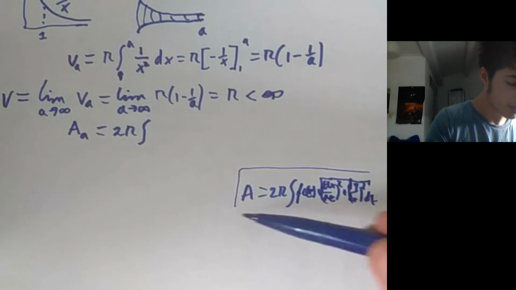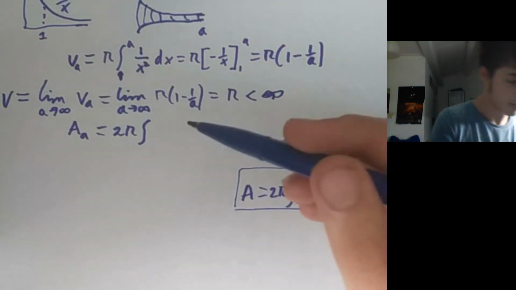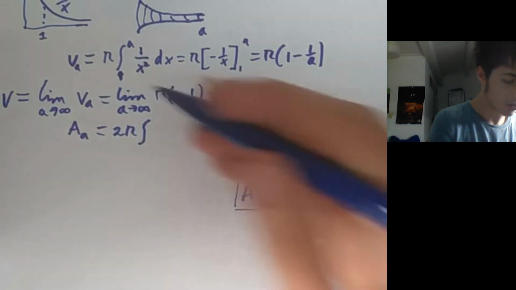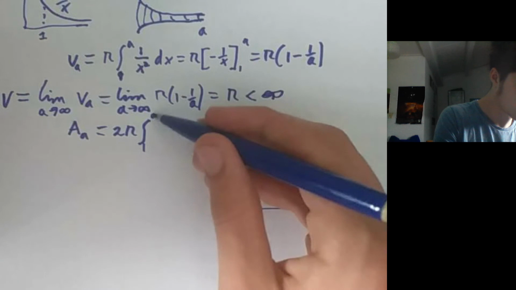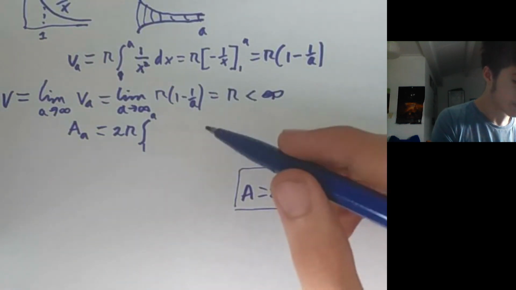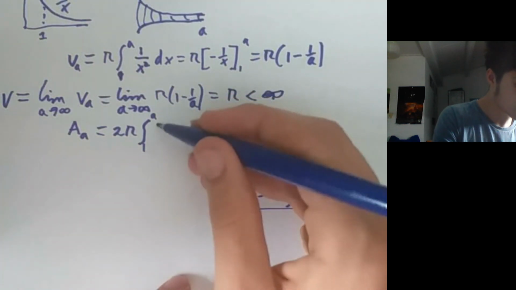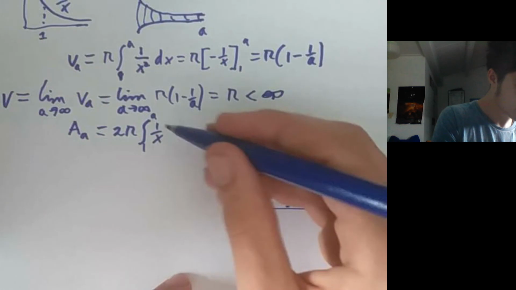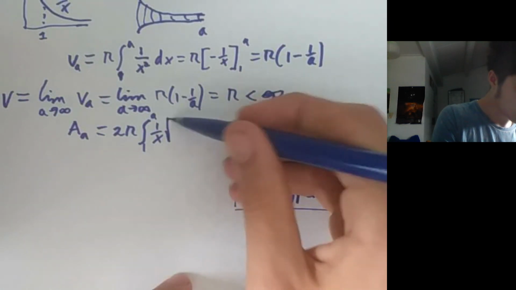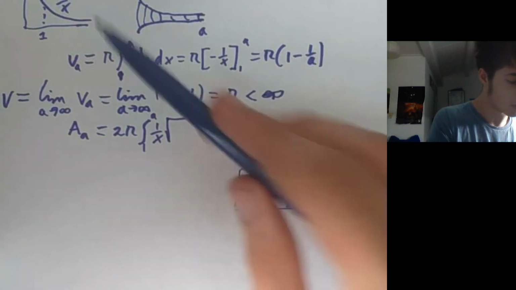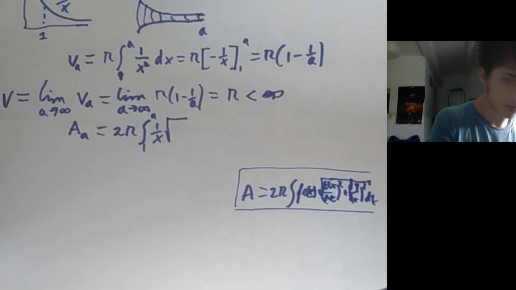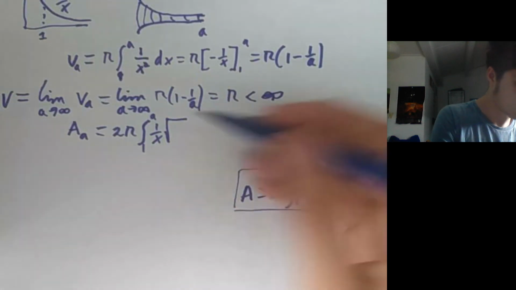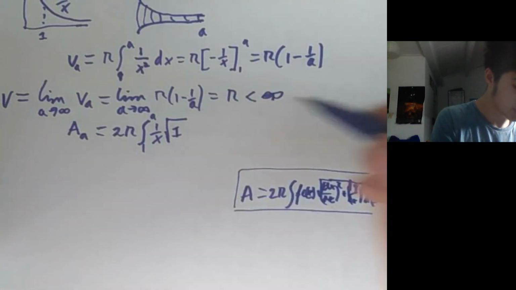So remember this, and applying this to our integral yields this complete integral from 1 to a. Then we have our function 1 over x, and then we have the square root of the differential of x with respect to x, in fact, because that's how this thing is defined, which yields just 1, and 1 squared is 1, so we just have a 1 up here.